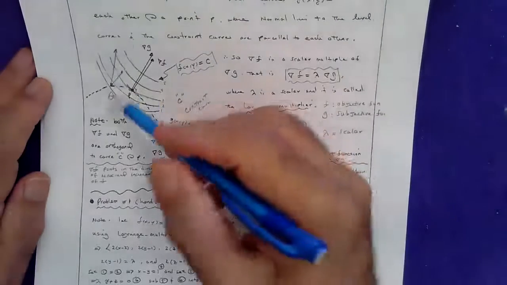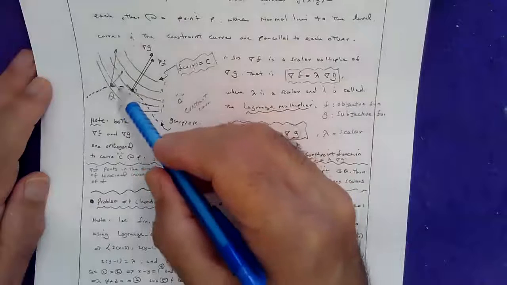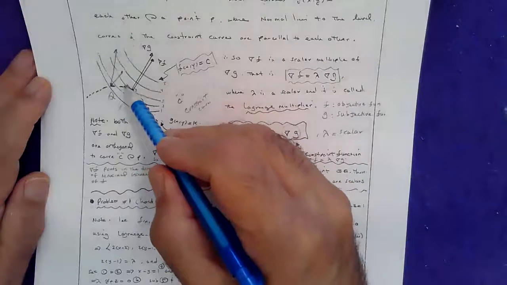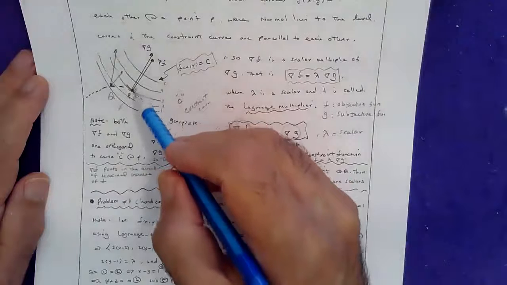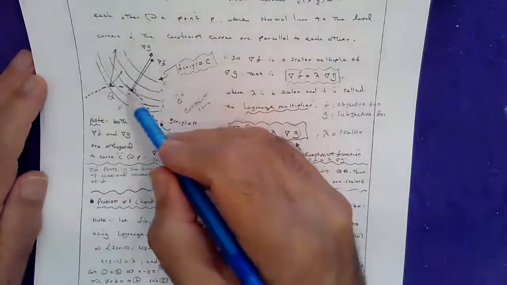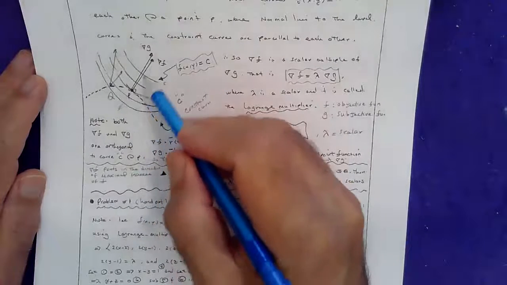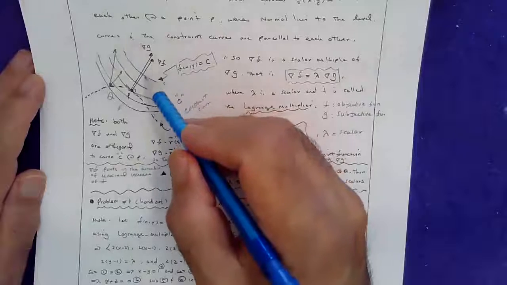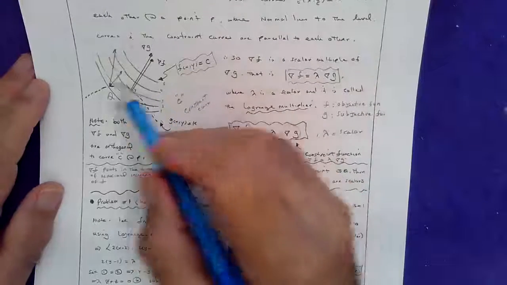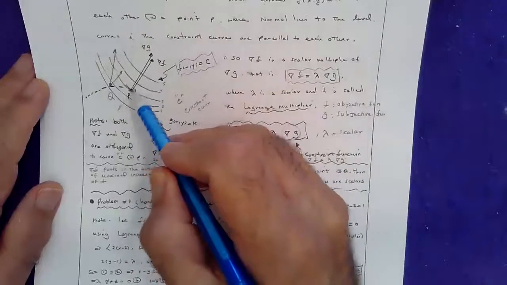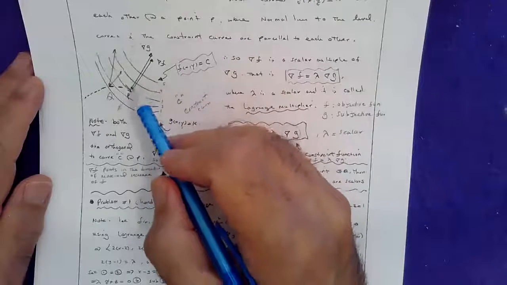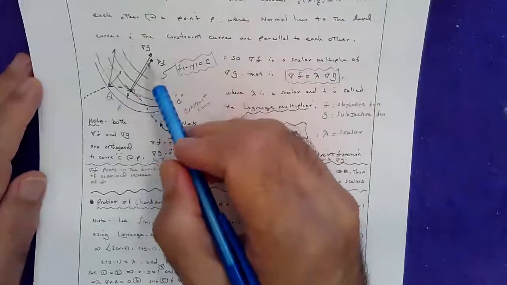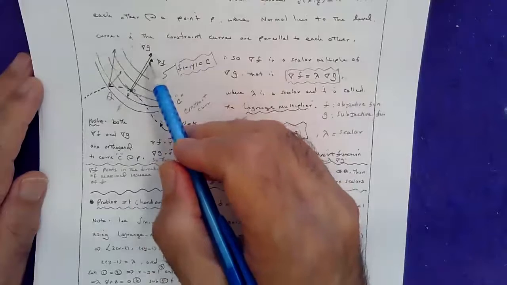So back to this point, as you get closer and closer to this point of tangency, then if you go left or right of this point P, the function doesn't increase any further, because the closer you get, the faster the increase of the function f.